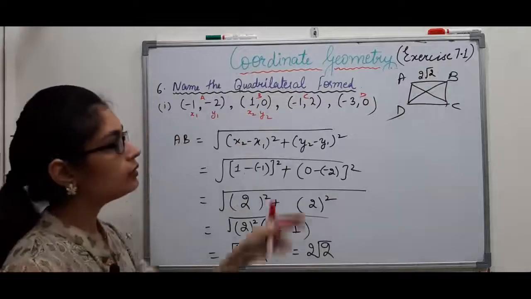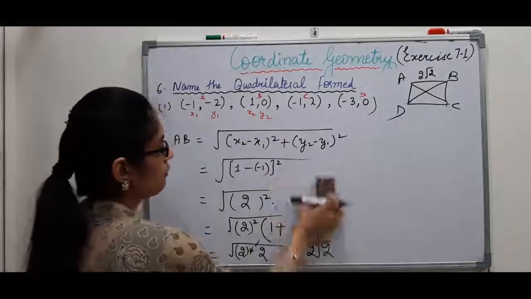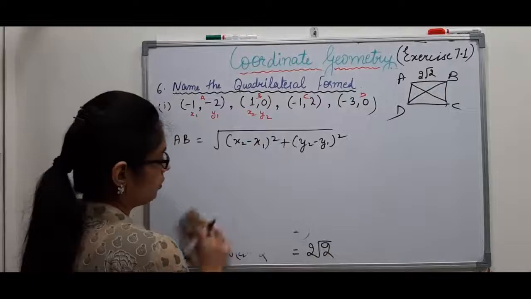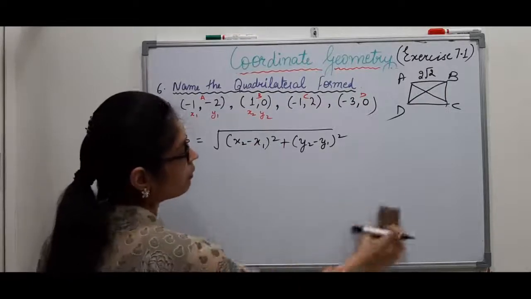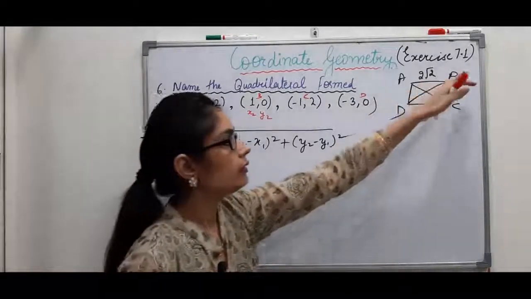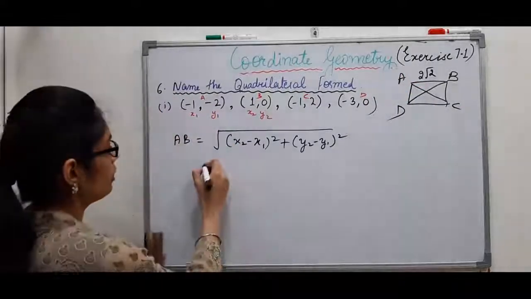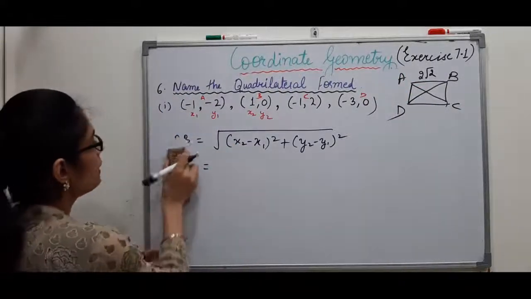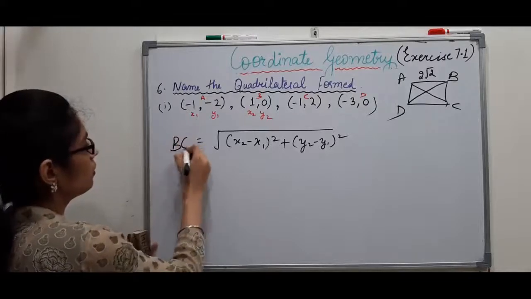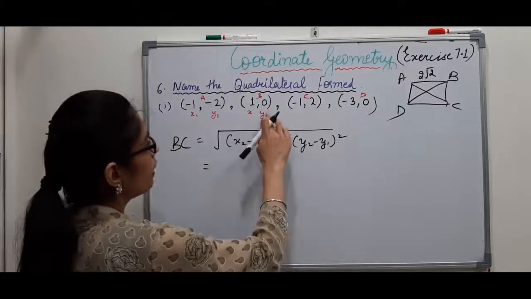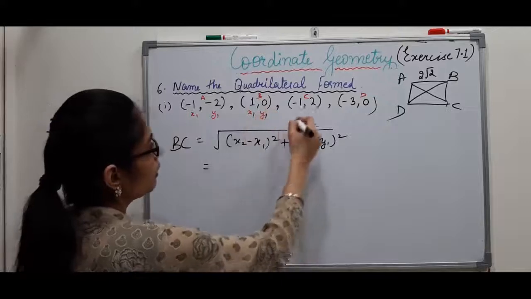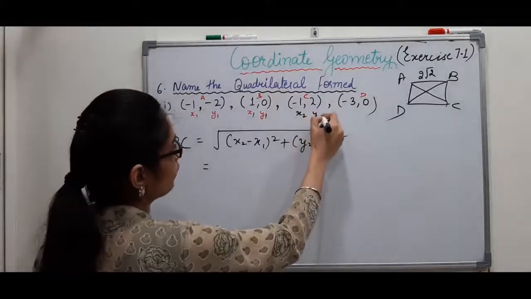Now let's find the distance between BC. So same formula. We have to find the distance between all the points like this, and diagonals also we have to find. Now let's find out BC. So here I will give B as x1, y1 and C as x2, y2.